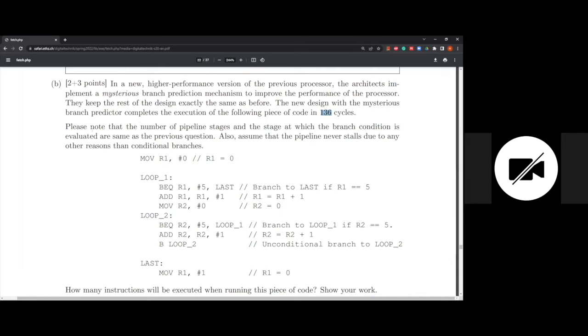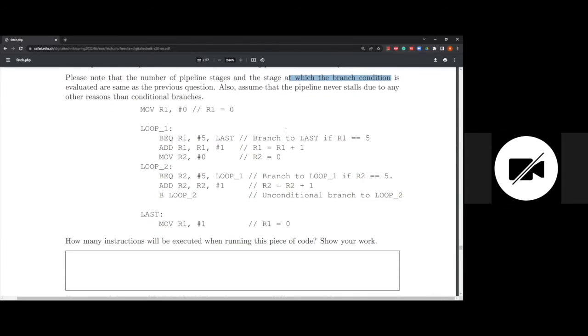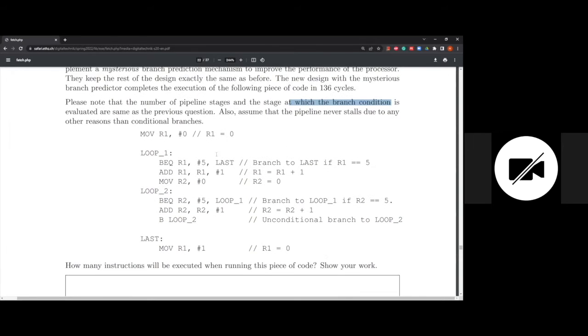Everything else about the processor is the same, so we found that the conditional branches are resolved at the 5th stage, and we can use that information in this question. The first question is, how many instructions will be executed when running this piece of code? Show your work. Let's first try to understand what's happening here. We have a register R1, which is initially 0.